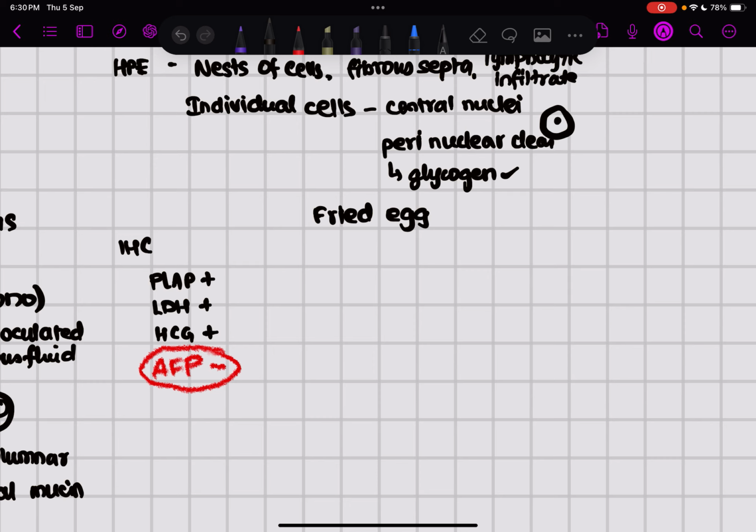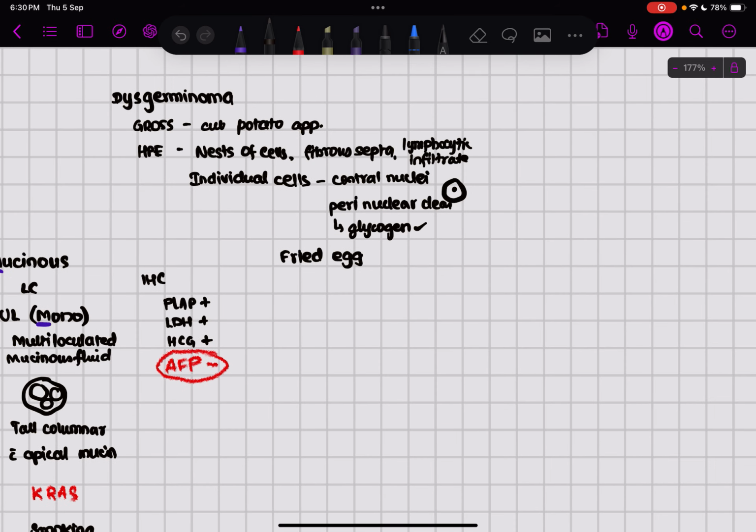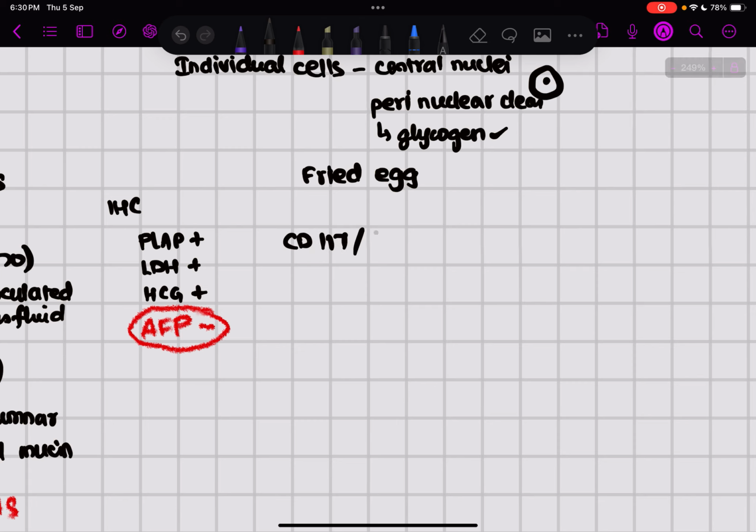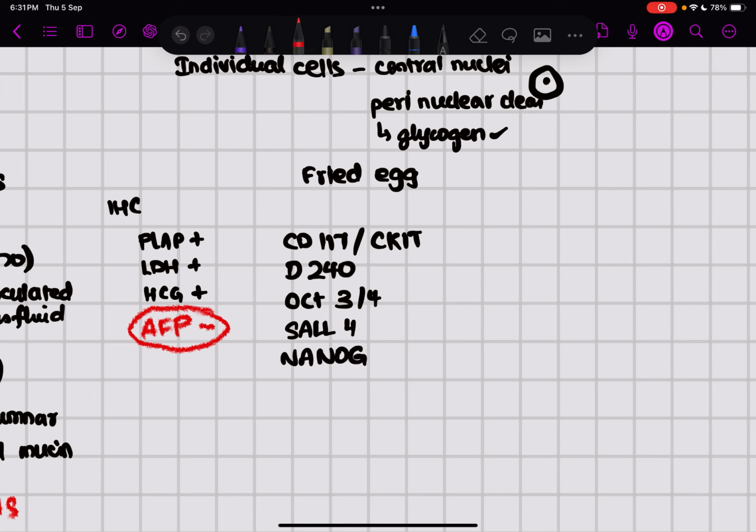The newer markers for dysgerminoma are CD117 or c-KIT, D2-40, OCT3 or 4, SALL4, and NANOG, which is a 5-letter word.